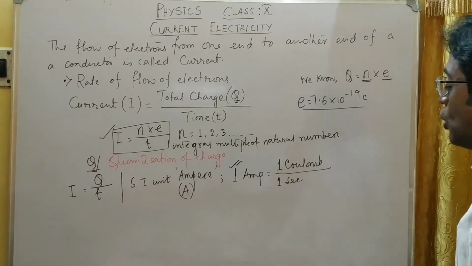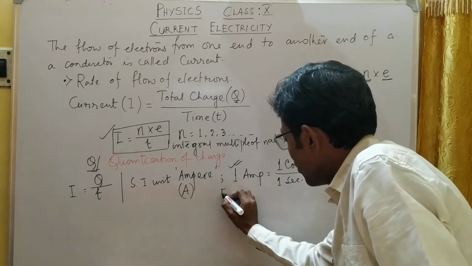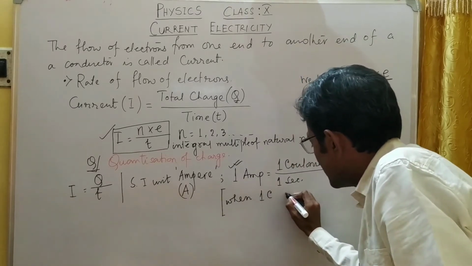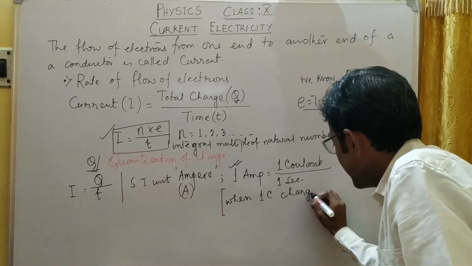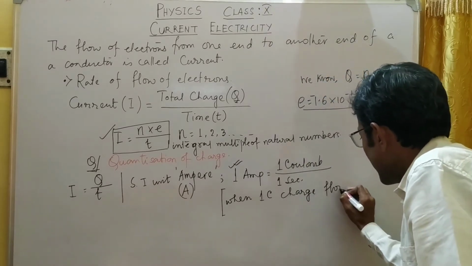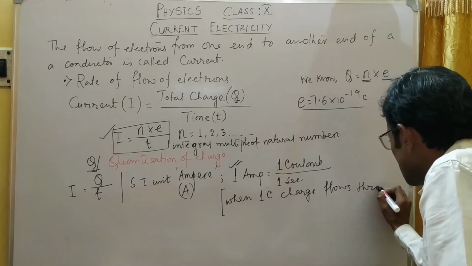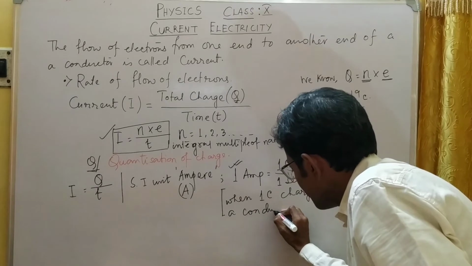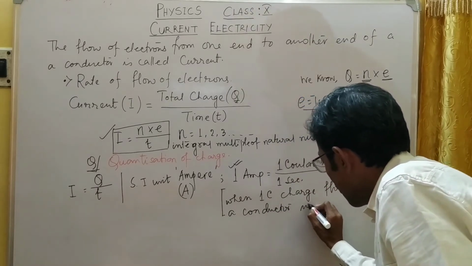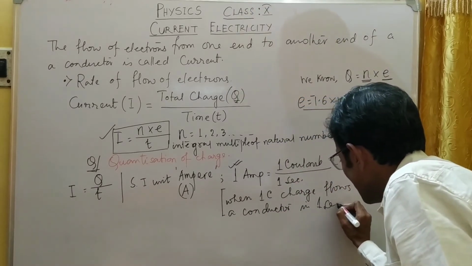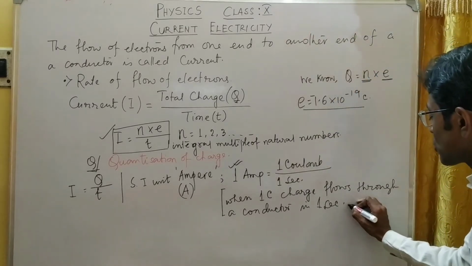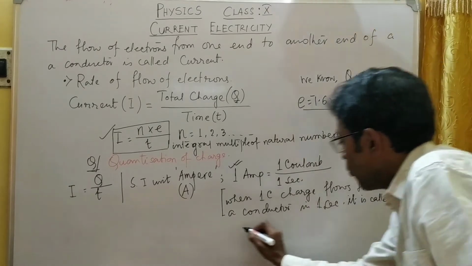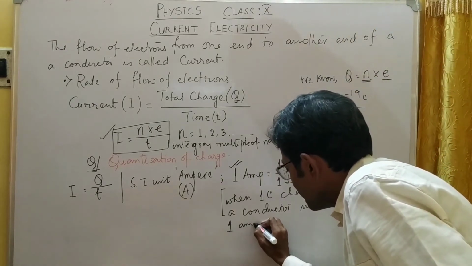Remember, this is the definition of ampere: when 1 coulomb charge flows through a conductor in 1 second, it is called 1 ampere.